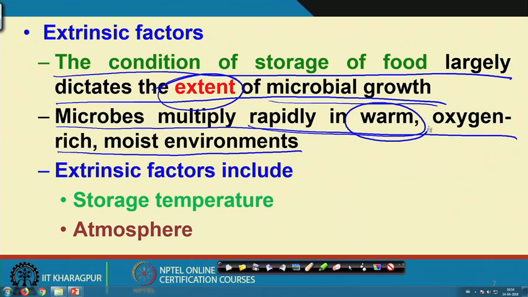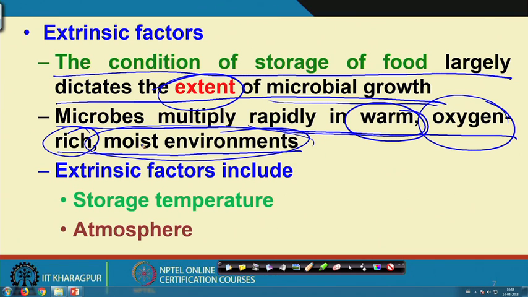So, the environmental condition, that is, the condition where you are preserving your material, largely dictates the extent to which microbes can grow, or invade and then multiply, right. So, microbes multiply rapidly in a warm, oxygen rich, moist environment. All these three factors externally help them to grow.